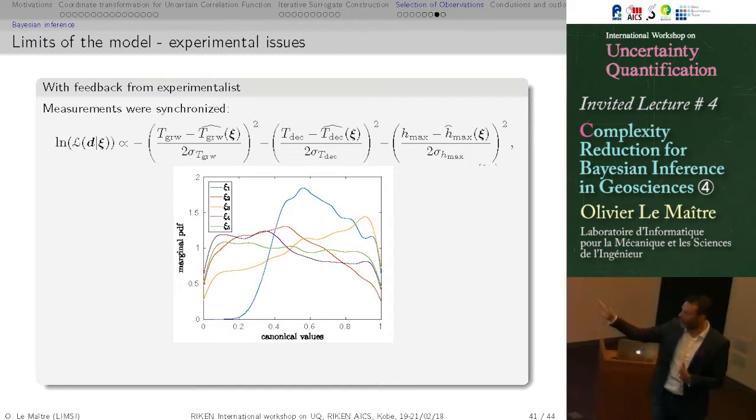Well, the first parameter here, yes, you can rule out some low values, the lower values, and there is maybe a MAP value that is appearing here somewhere around the canonical value 0.6. But for the other quantity, it's remained quite flat, indeed.